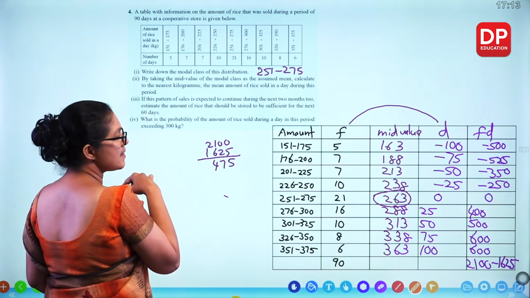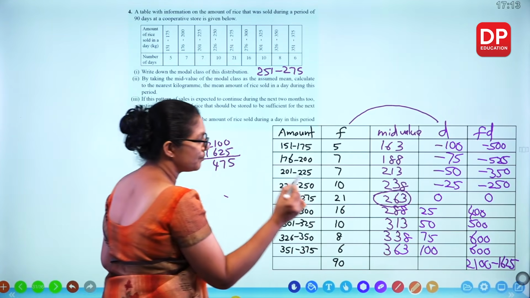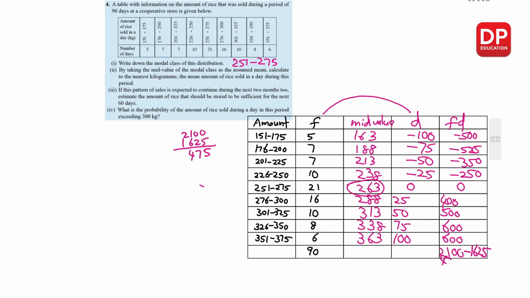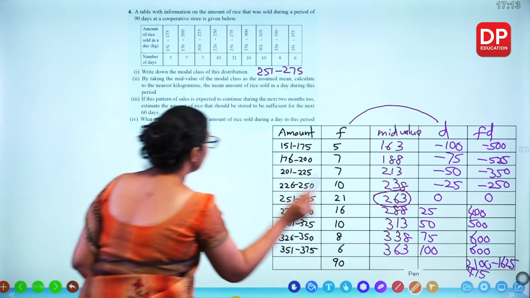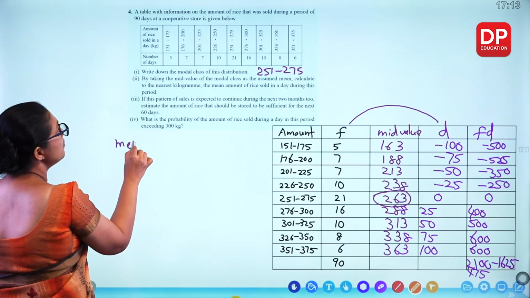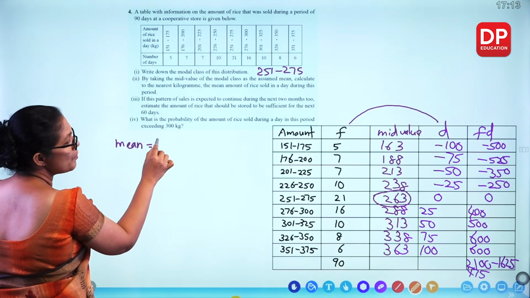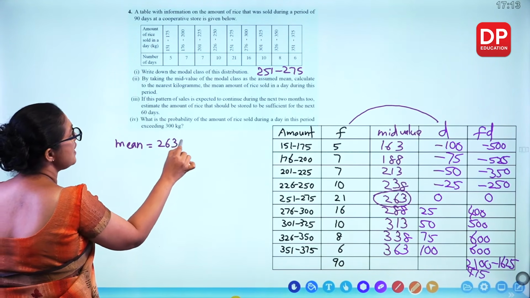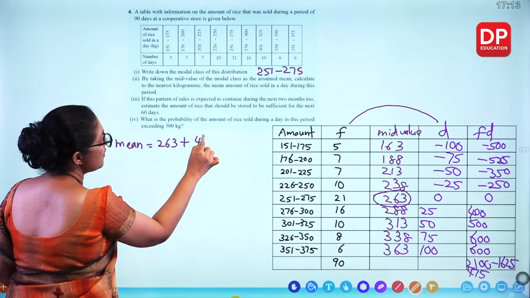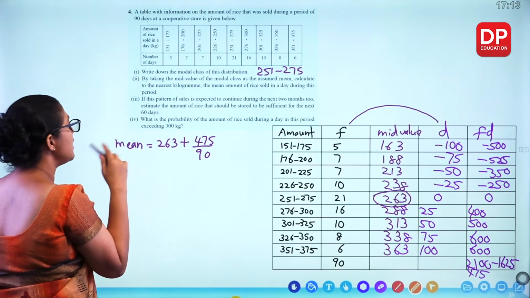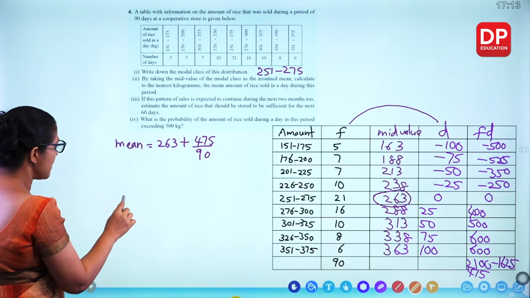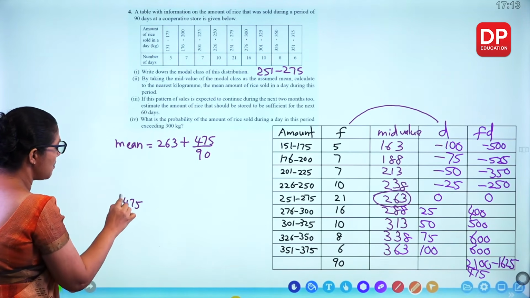That's positive. So this is 475. Now we'll calculate the mean value. Mean is equal to assumed mean, 263 plus 475 divided by 90. So roughly, what's the value? 475 divided by 90.